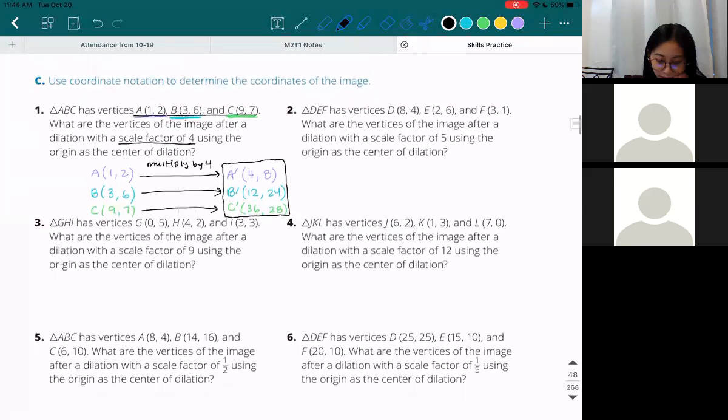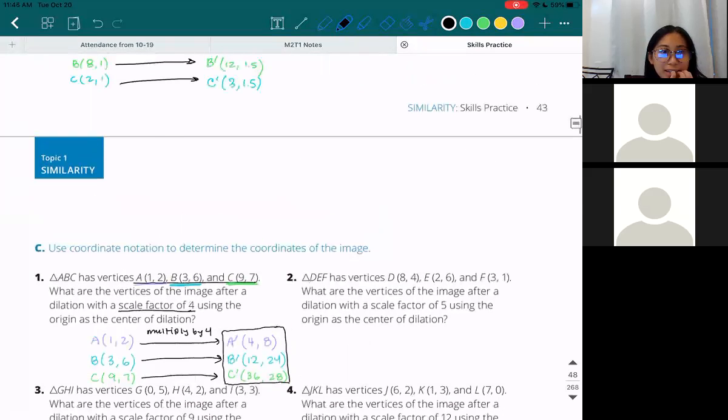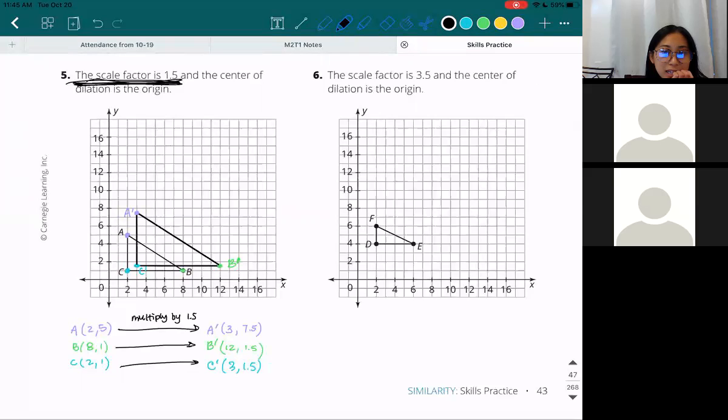Okay. And then I had a request to scroll up. So here you go. Can you real quick go to 5 and 6 for C? Okay, I will. Because for 5 it says 1/2, which would be 0.5 in decimal. But what would 1/5 be?